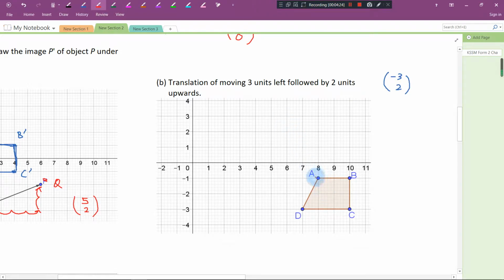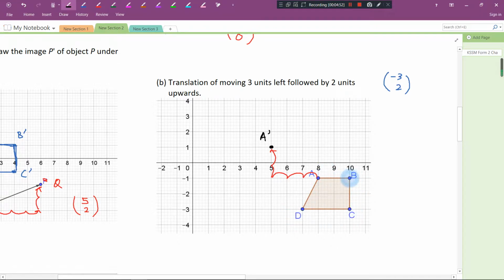I start calculating from point A. 3 units left, 1, 2, 3, and then 2 units go up, 1, 2. So this is A prime, the image of point A. Now I just refer to this A prime to get B prime, C prime, and D prime, which will be faster.